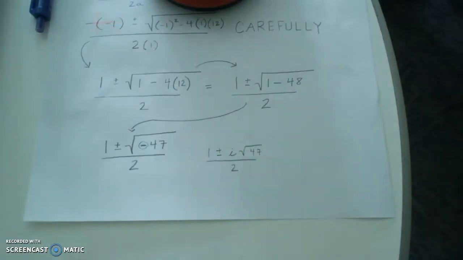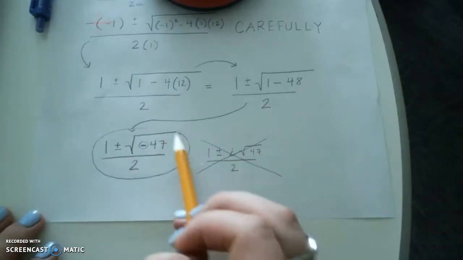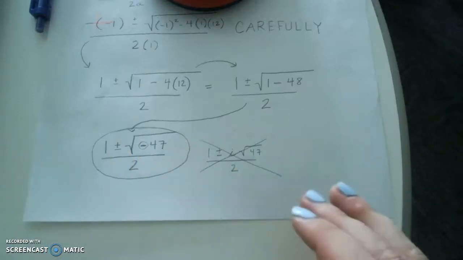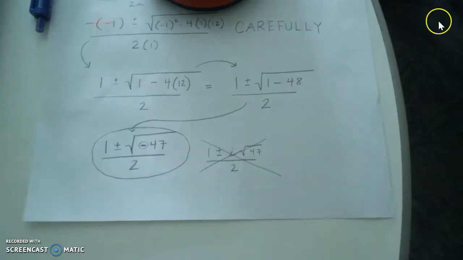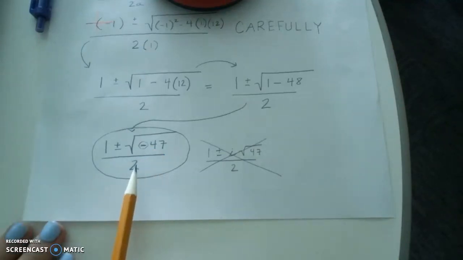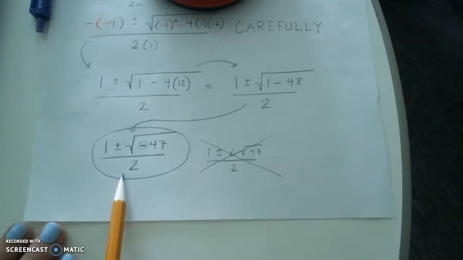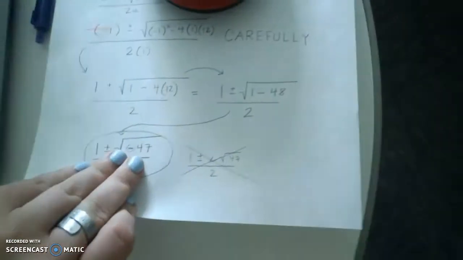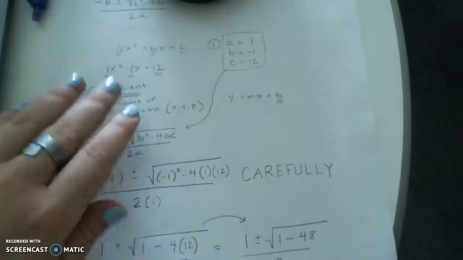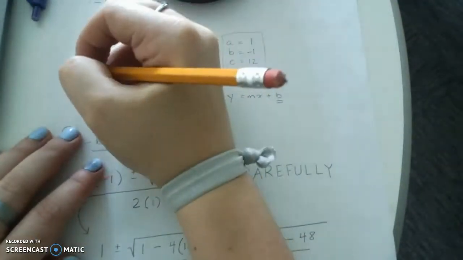So, for you guys not knowing this yet, an appropriate answer would just be to stop there, since we have not learned imaginary numbers. So this, if we were able to do it, would give us two answers. It would give us a plus and it would give us a minus. 1 plus the square root of negative 47 over 2 and 1 minus the square root of negative 47 over 2. Because remember, anything with an x squared is going to have two roots.